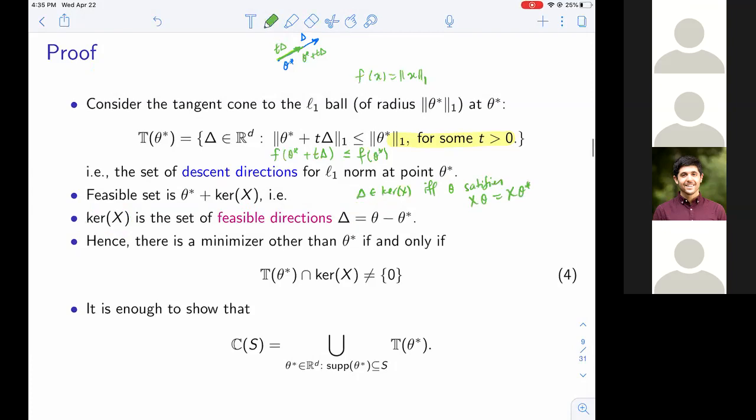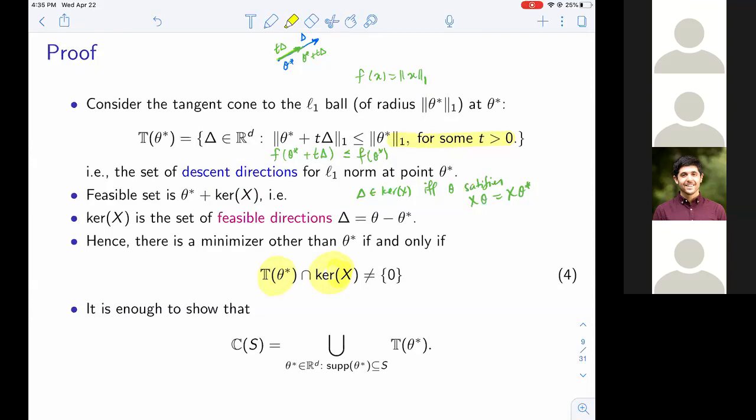And so there exists a minimizer other than theta star if and only if this cone, these descent directions in the tangent cone, intersects with the kernel. So there exists a feasible direction which is also a descent direction.